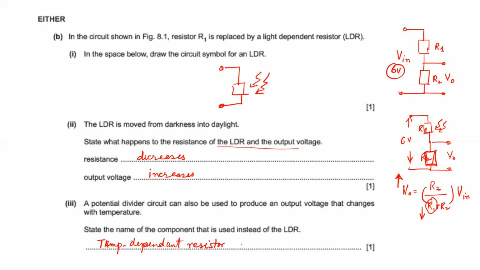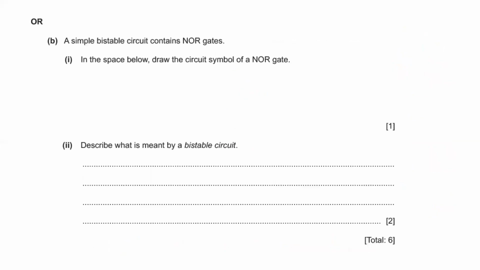And what is its technical name? Its technical name is thermistor. Okay, so remember the temperature dependent resistor is actually a thermistor. So the technical name of the component is thermistor. Some people may write temperature dependent resistor. It's a possibility that you may not be able to get complete credit for that. Okay.